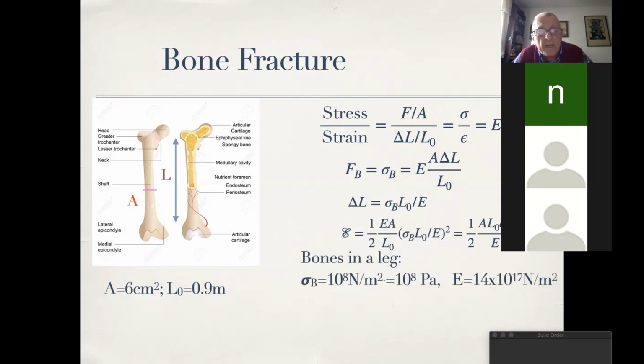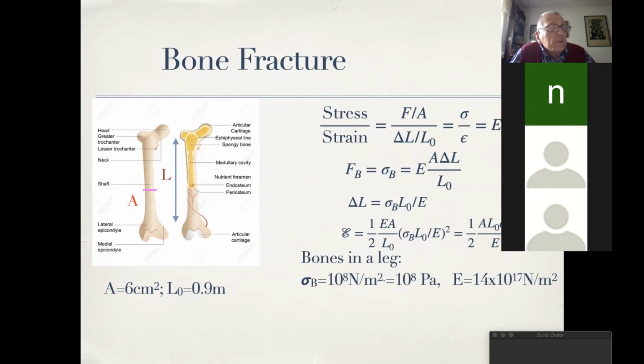So now I have to take Wikipedia or any book which has these numbers, and it turns out that the stress at which the human bones, actually most of the animal bones, break is 10 to the power 8 newtons per meter squared, and that is of course 10 to the 8 pascals.